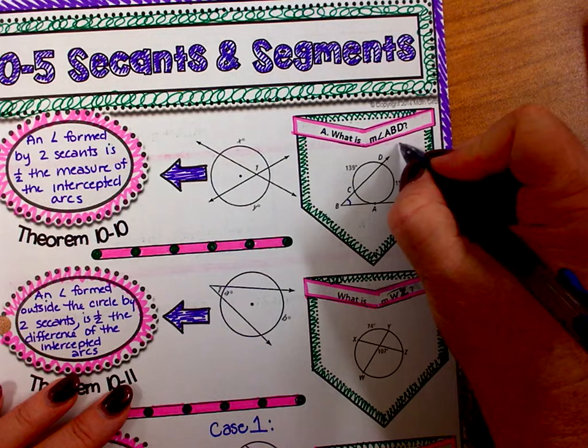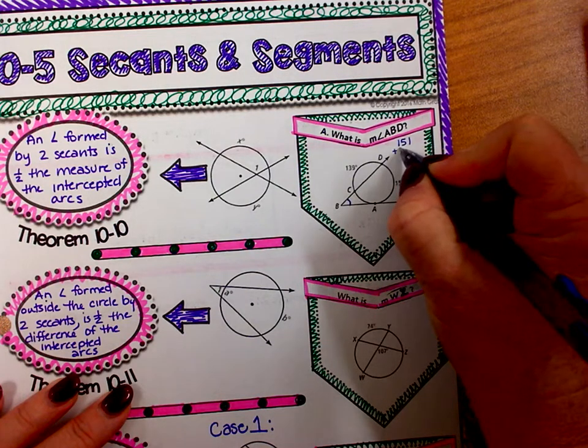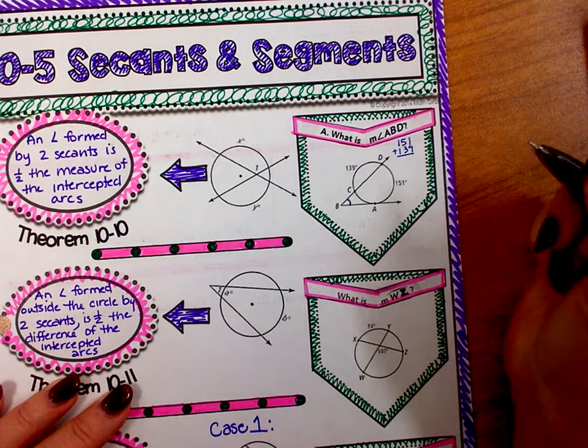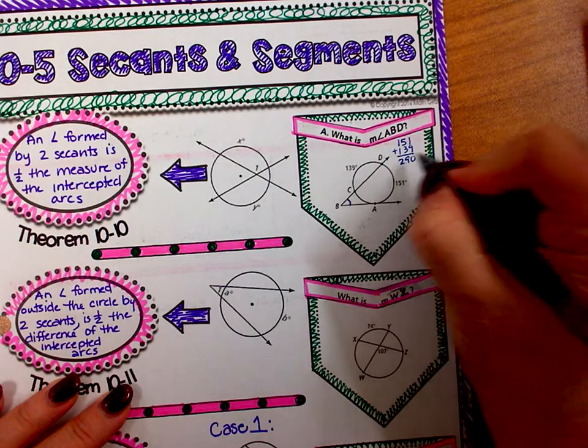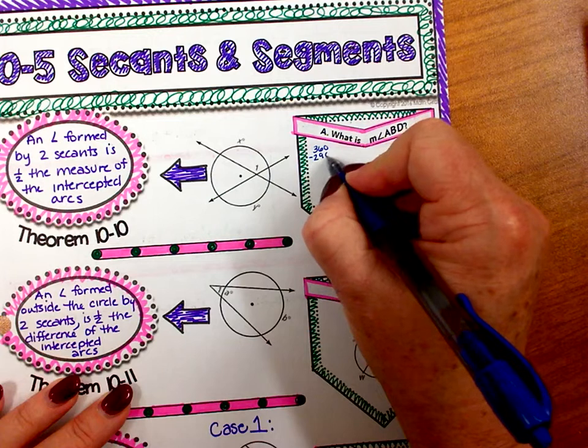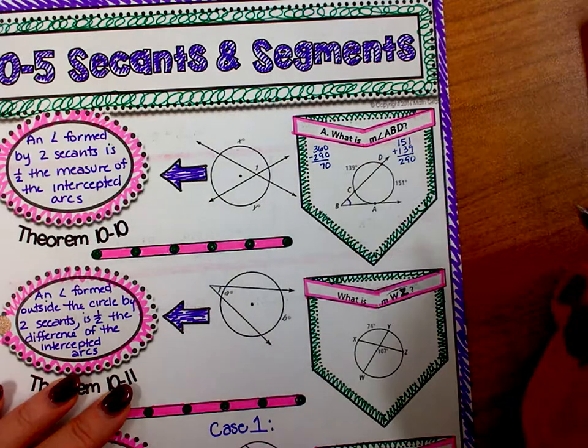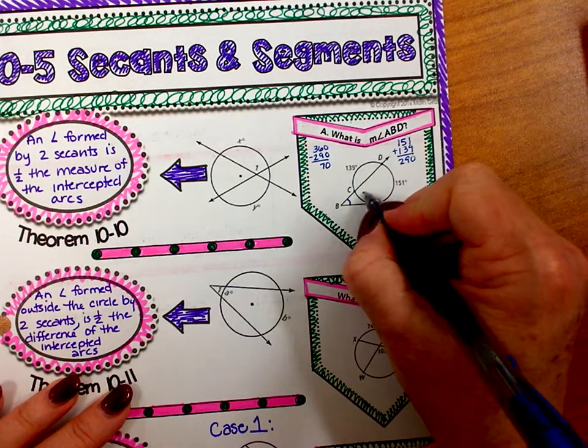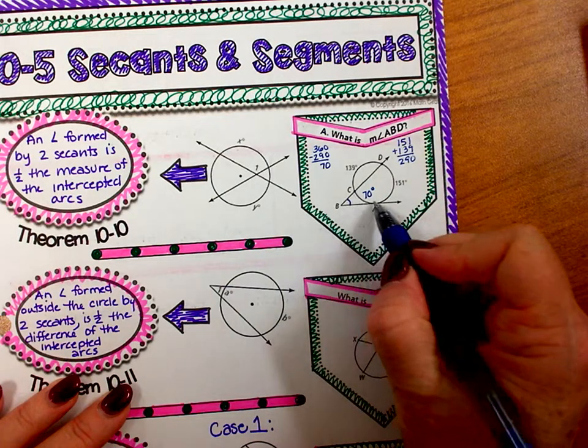If we add 151 plus 139, we get 290. Then when we take 360 minus 290, that leaves us with 70 degrees. So this arc is 70 degrees.